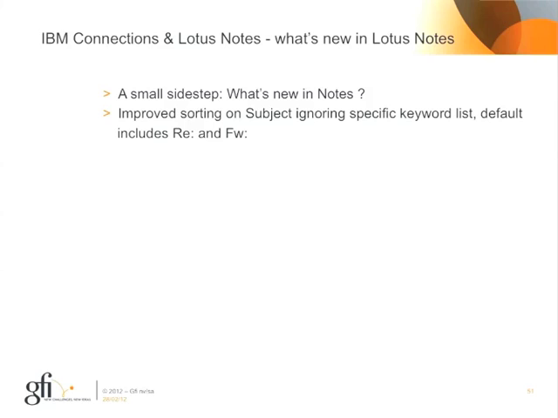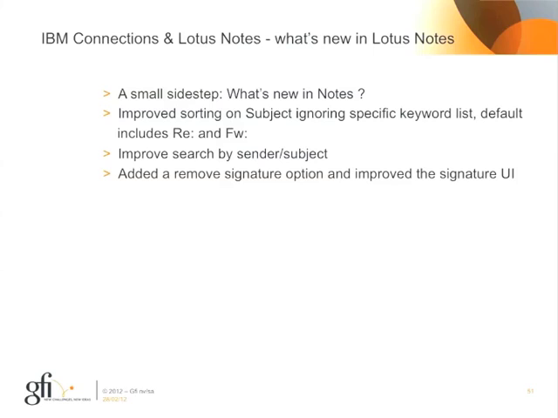What we see inside the inbox is an improved sorting on subject, basically ignoring a lot of terms or combinations that we see, like the reply and forward. When you sort on that, if you trigger it alphabetically, all the replies are back in one place, and now we can ignore those keywords. We have an improved search by sender and subject, navigating the inbox and trying to find a number of emails.